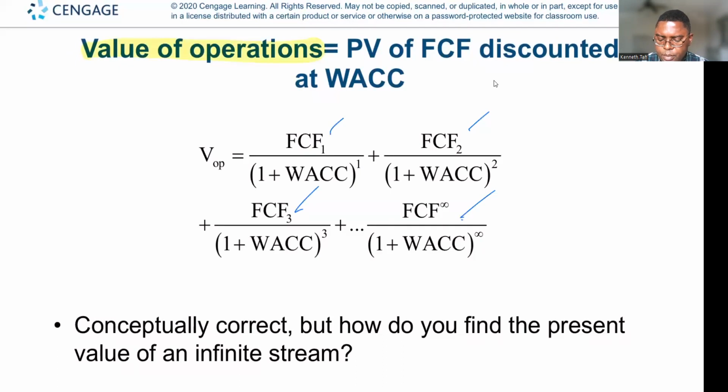But in reality, it's impossible to find the value of an infinite stream because it goes up to infinity. So we need to use mathematical computation and knowledge to compress this formula down.